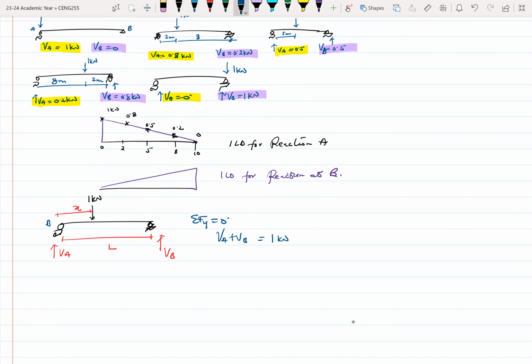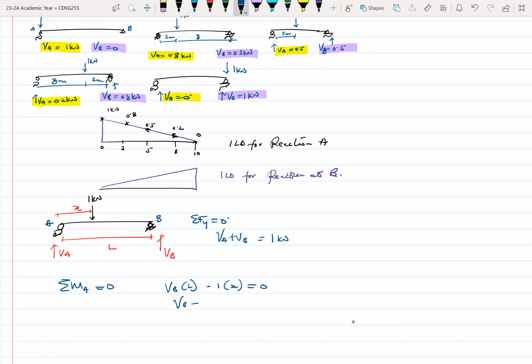So let's say this is A and this is B. Summation of moment at A equals 0. All right, so what do you get? You get VB times L minus 1 times X equals 0. So let's make VB the subject.